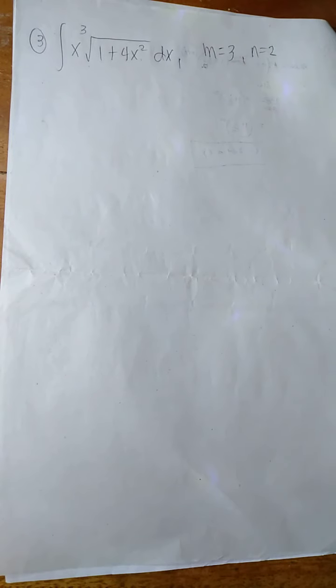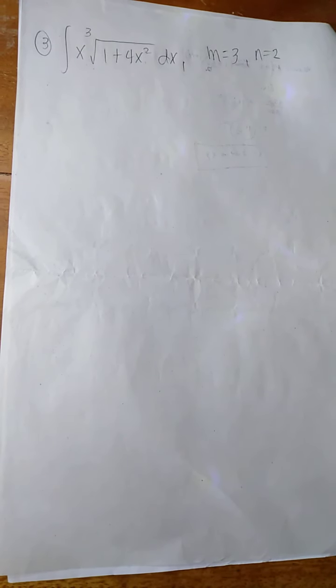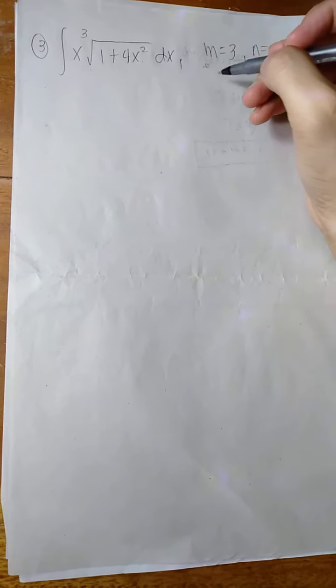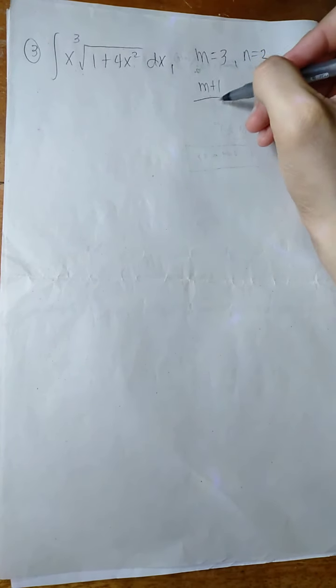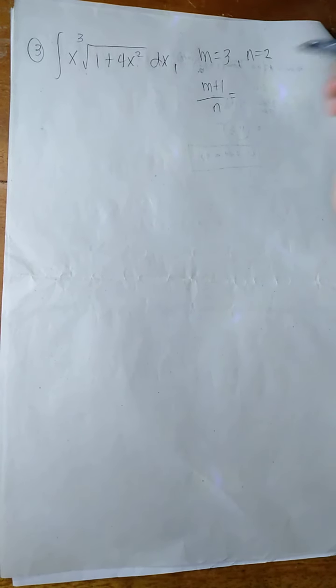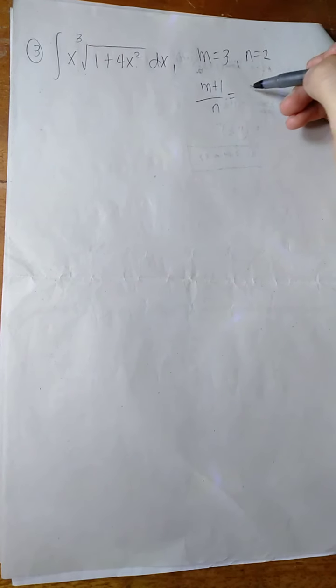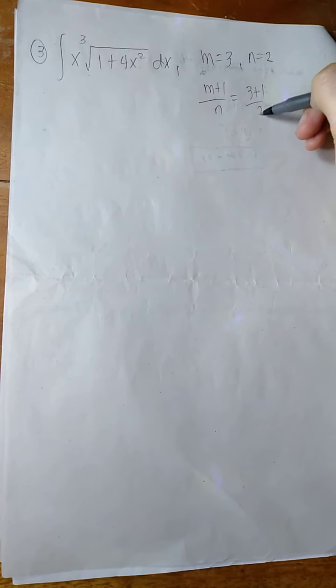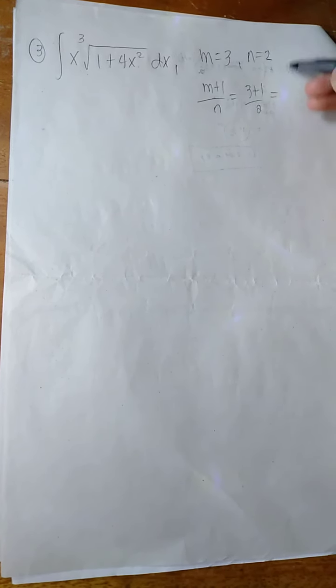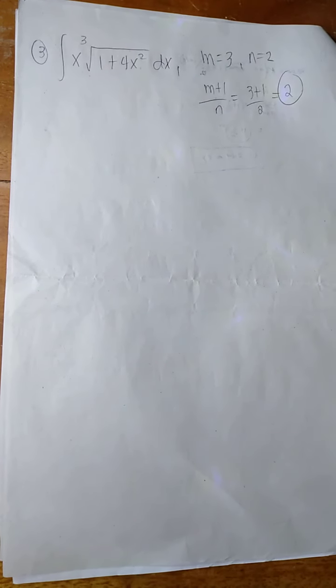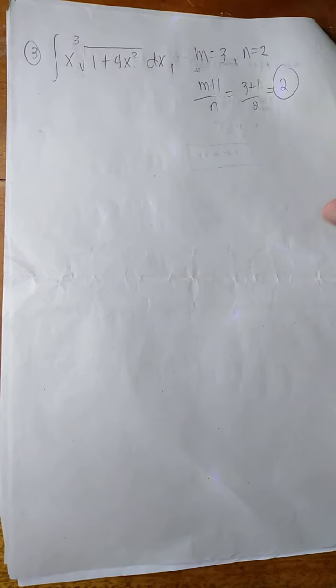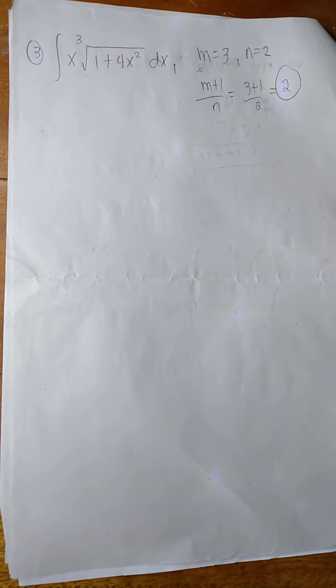Okay. So let's check kung if you're going to use this formula, m plus 1 over n, dapat integer pa rin yan, or whole number. So let's try. 3 plus 1 divided by 2, which is 4 divided by 2, 2. So integer siya. So it means we can do the substitution using rule number 3.